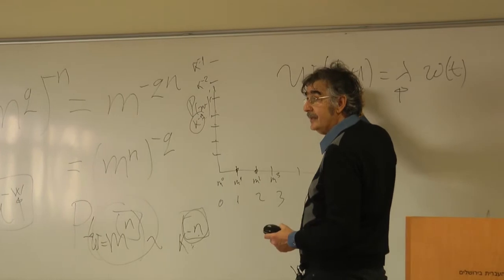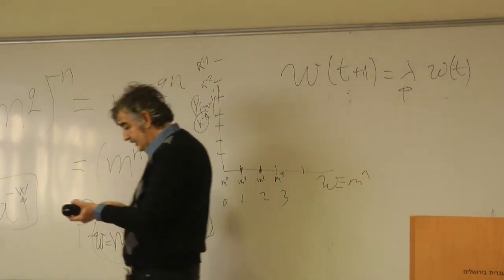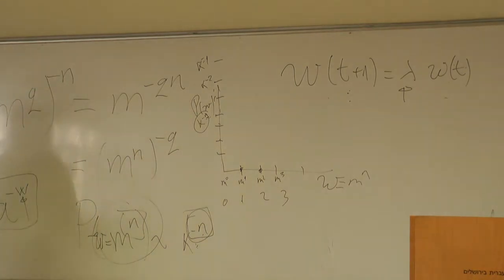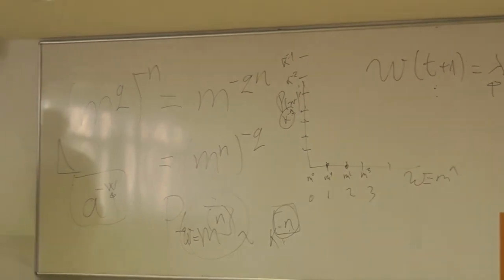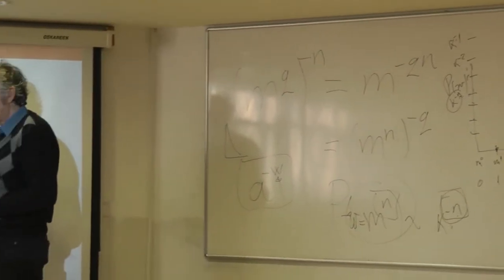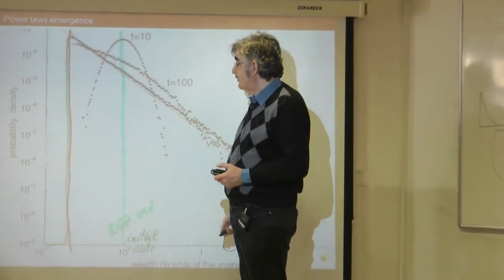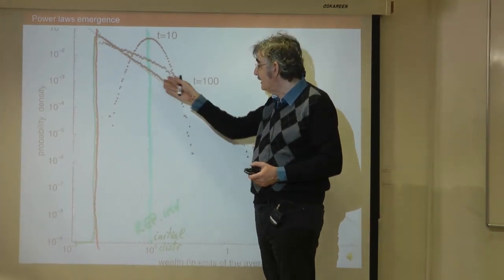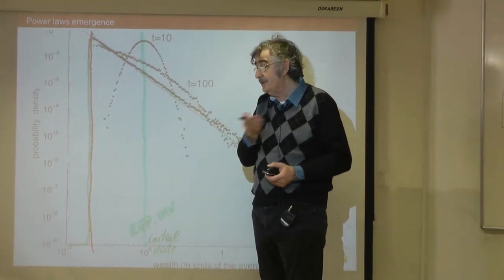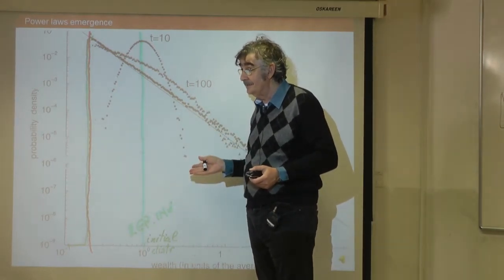So each time that I go from t to t plus 1, I call it a step. And if I do it for very many realizations, then I get this graph for their distribution. Okay? So at the beginning, I start with something which is not the stationary distribution, but I always end up with the stationary distribution, which looks like a straight line on a double logarithmic scale.